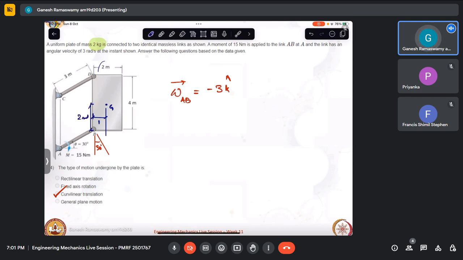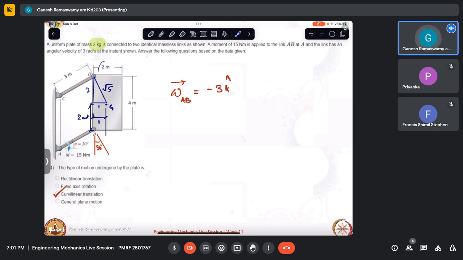So if this is 1 and this is 2 in this triangle, then I can see that this is nothing but root of 2 squared plus 1, which is root 5. So why I am doing this is I have a force like this. The perpendicular distance of that force from the CG is root 5.